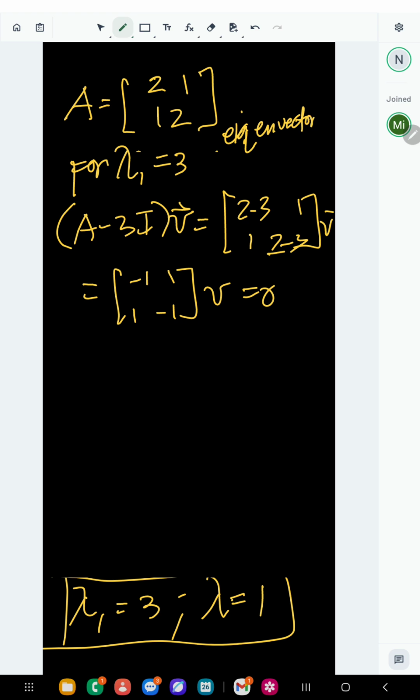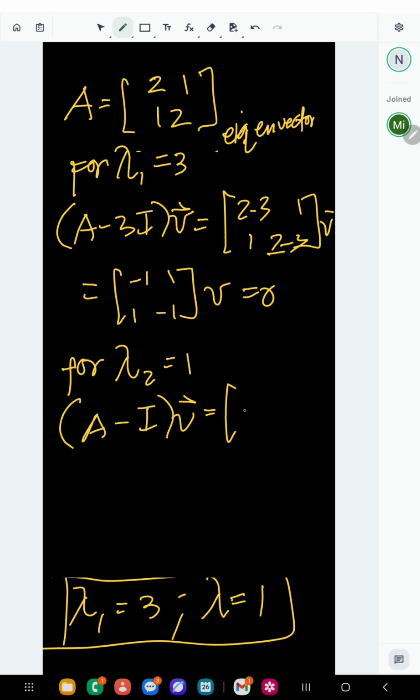But for eigenvalue 1, lambda 2, we get the eigenvector for that. I'm just showing you how to get it. Equals 0.